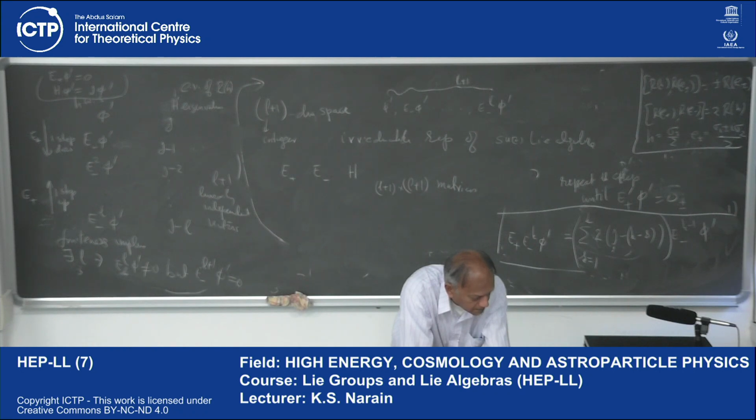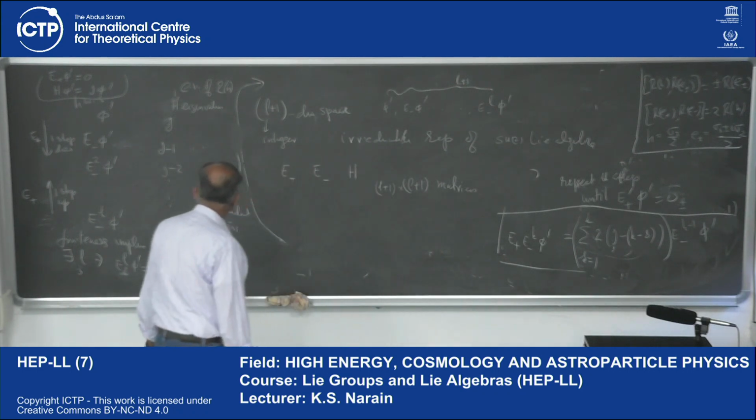Because E minus to the k phi prime, we already know, is one of the eigenstates of H. And we already proved that when we apply E plus acting on some eigenstate of H, we found out that it just increases the eigenvalue by plus 1. Yeah. So, good question. The point is, suppose, so you are right.